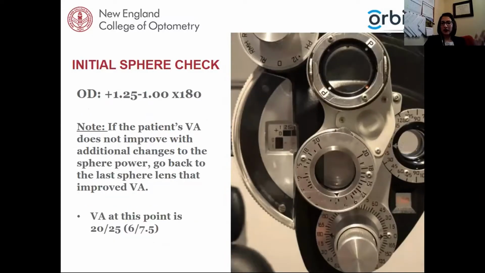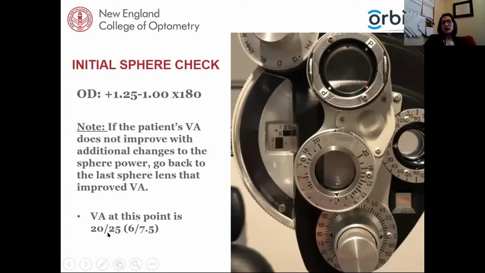So again, you're taking out that working distance. Remember, we're working toward getting closer and closer to that +1 sphere. But we want to see what the best acuity is for the patient at this point. And so as we're working through this refraction in our example, we get to +1.25 sphere power. We haven't changed the cylinder at all.